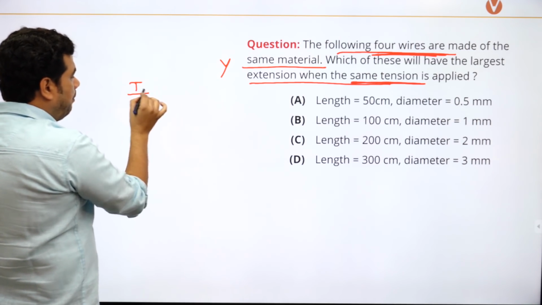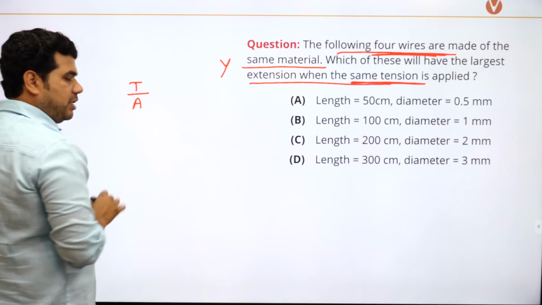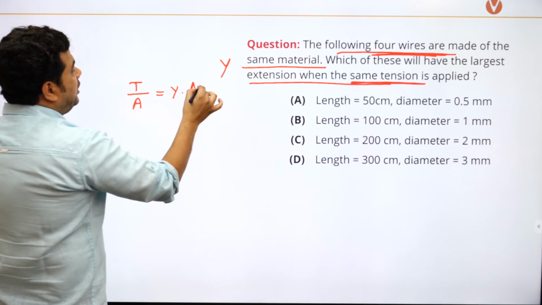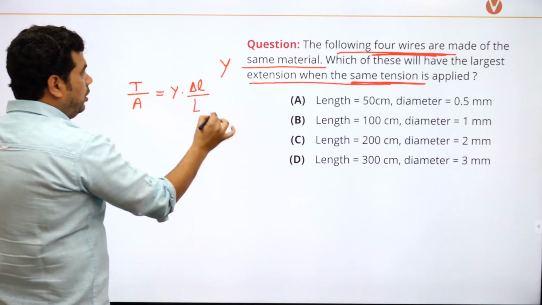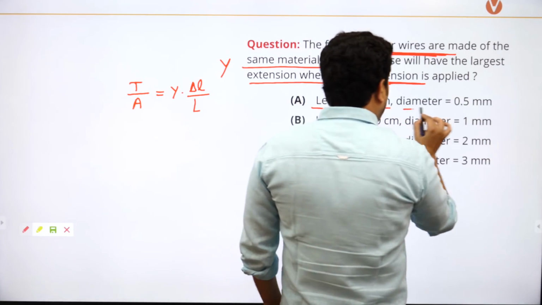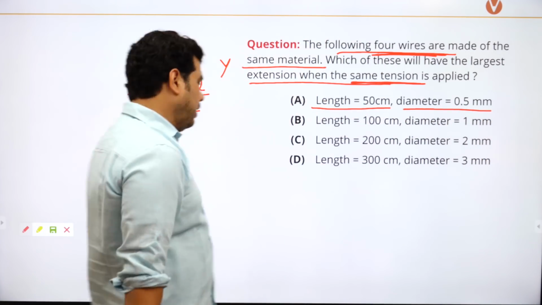So T upon area of cross section A, this is the stress, is equal to Y into change in length delta L upon the original length L. The original length and diameter are given here.